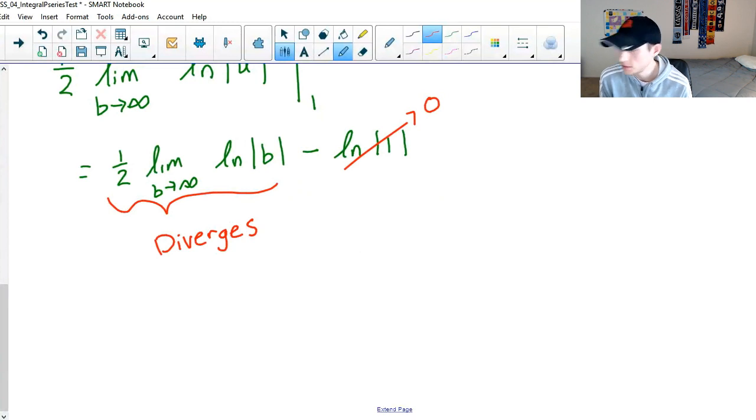So the reason we did all that prep work at the beginning was to say, oh, we can use the integral test here.